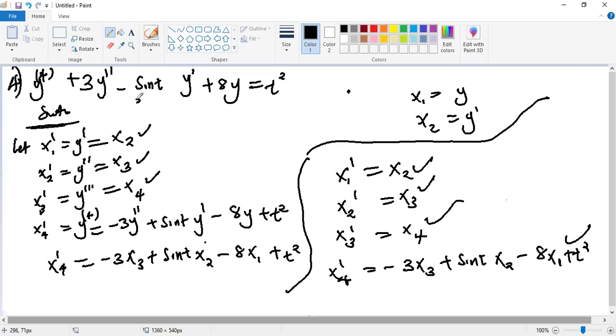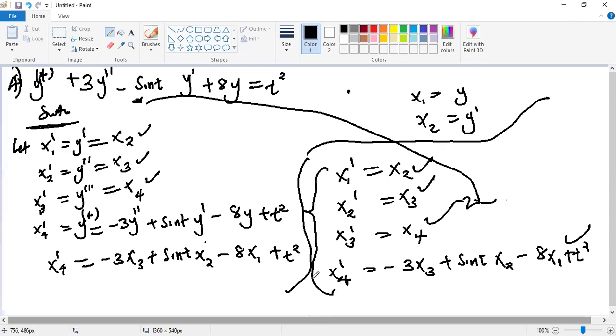It was a fourth order differential equation. I've converted it into a system of first order differential equations. And as you can see, I have 4 of them. So you can write that down.